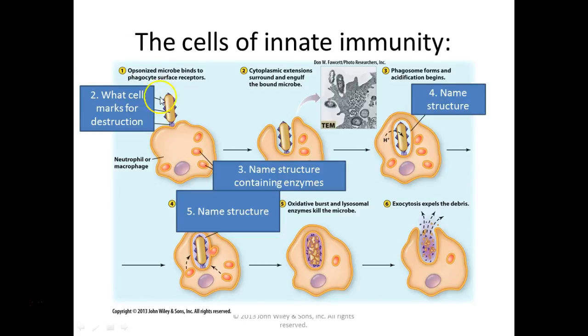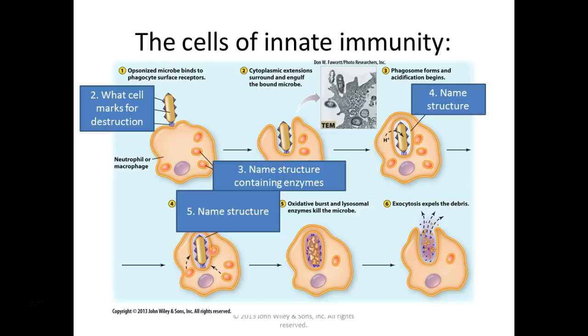What on the surface of this microbe is going to tell the neutrophil or the macrophage that this is a bad guy? Pattern recognition receptors. So our cells have recognition receptors, so they may be recognizing patterns on the microbe itself.